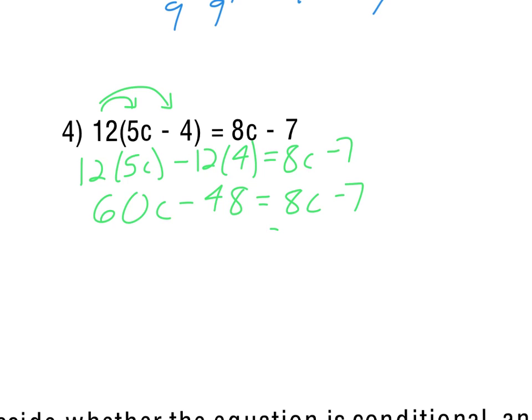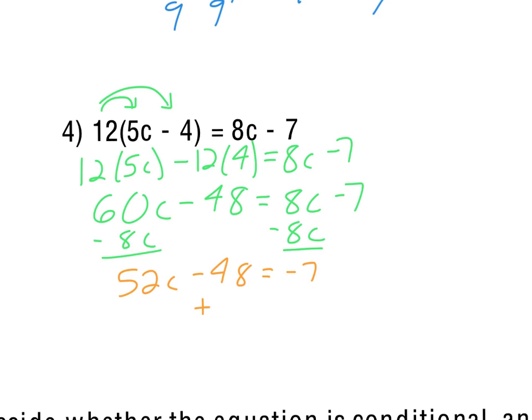From here, again, I would always choose to deal with the variable first. That way I know that it's going to be positive, which makes that a little bit easier. So we get 52c minus 48 equals negative 7.